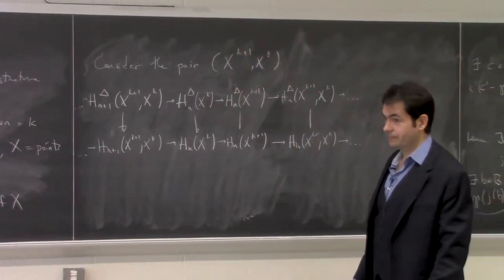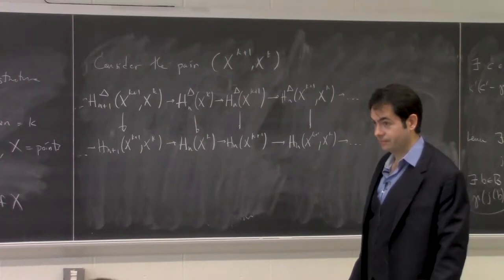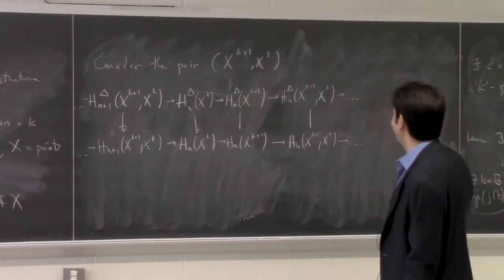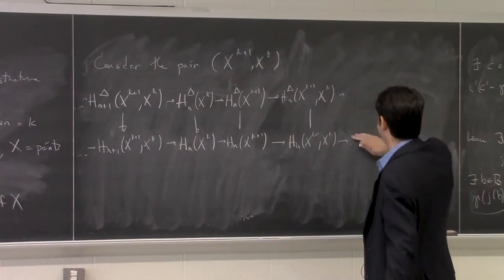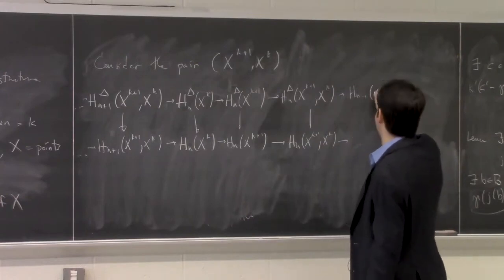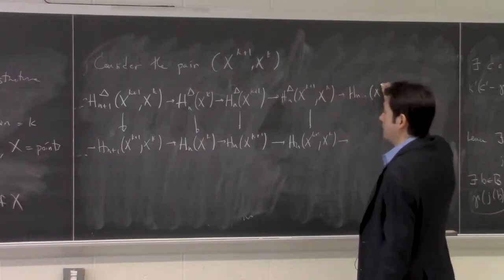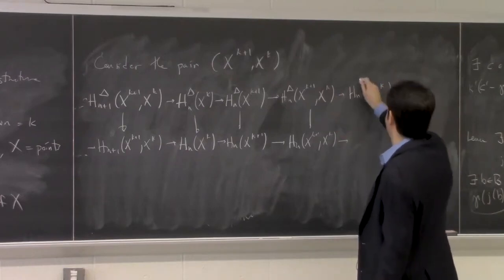Okay. I hate to say this, but if we're going to be using the 5 lemma, shouldn't we probably put one more? We could, sure. I hate to say it. Uh-huh. n minus 1, X^k.